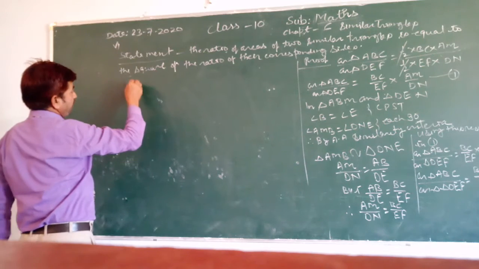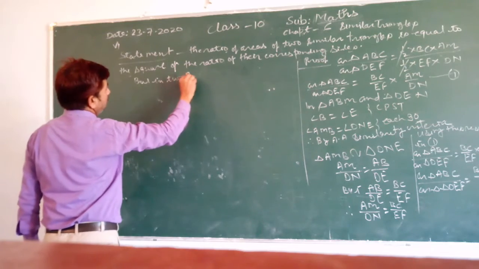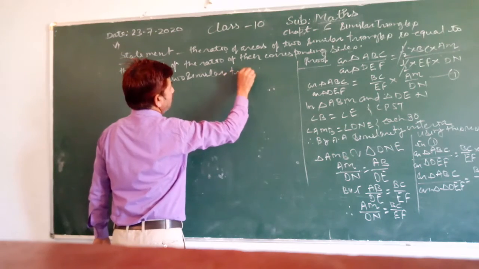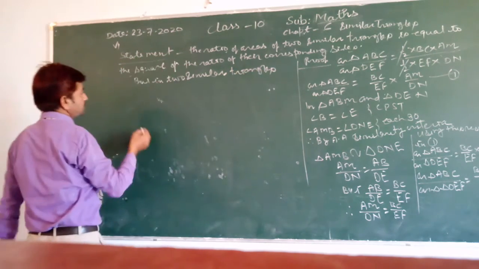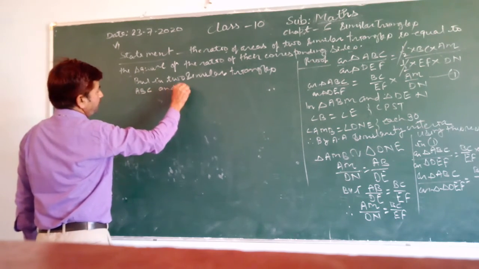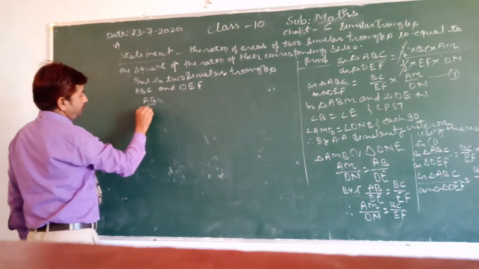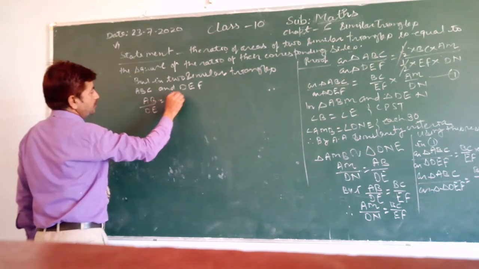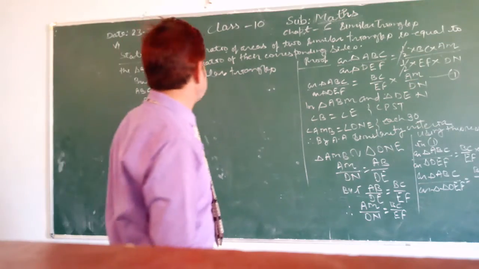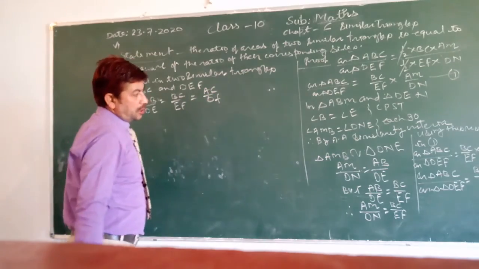But in two similar triangles ABC and DEF, AB upon DE is equal to BC upon EF is equal to AC upon DF.